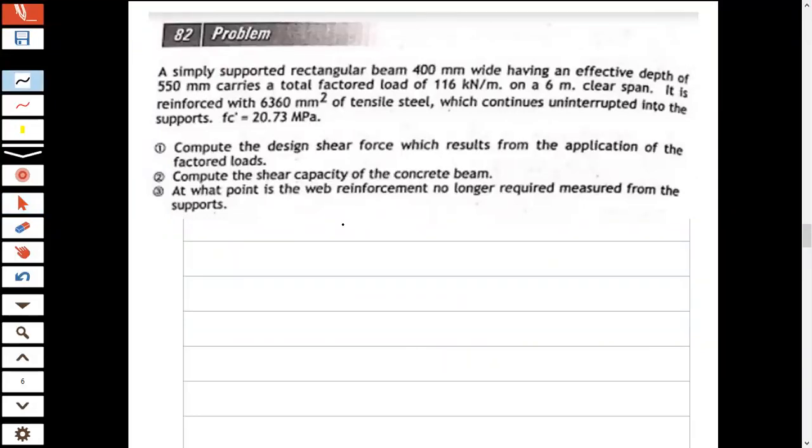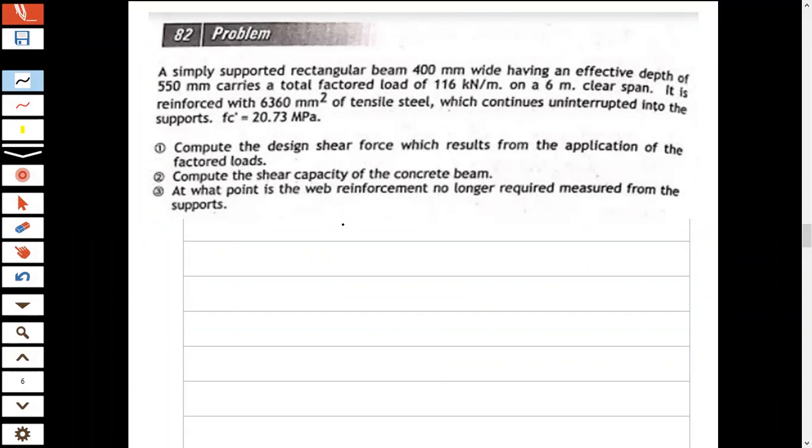A simply supported rectangular beam, 400 millimeter in width. Effective depth is 550. The factored load is 116 kilonewton per meter on a 6-meter span. It is reinforced with 6,360 millimeters squared for tension reinforcement, which continues uninterrupted into the supports.